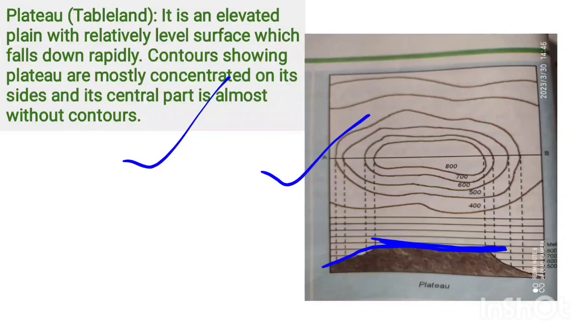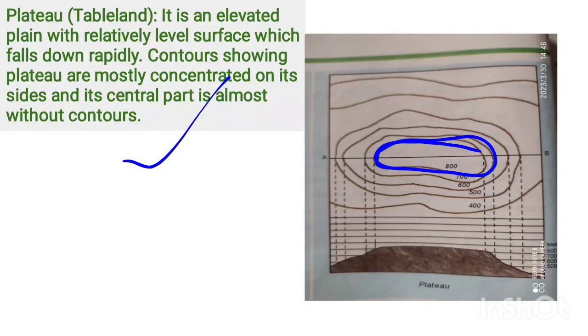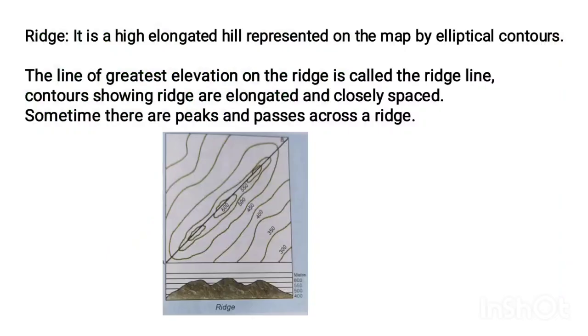Earlier I already drew a map of a plateau, and this is almost similar. The top is flat and the contours are concentrated on its sides, and the central part is almost without contours. The contour lines are concentrated on both sides. So it is called a plateau.